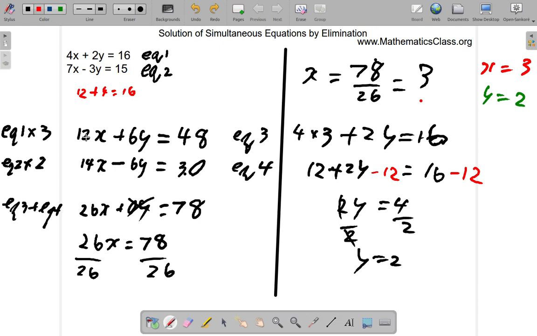So equation 1 works out. Let's try equation 2. 7 times x, x is 3, so 7 times 3 is 21, minus 3 times y, y is 2, 3 times 2 is 6, 21 minus 6 is 15. Right, 15. So the solutions are correct. X is equal to 3, y is equal to 2. We're done for now.